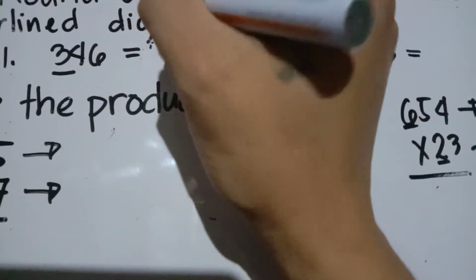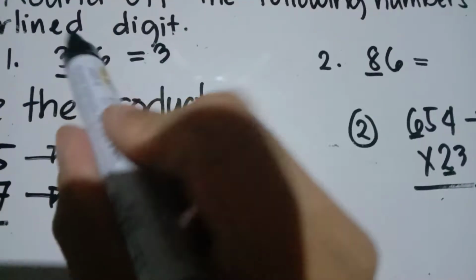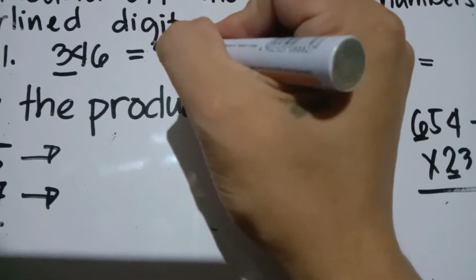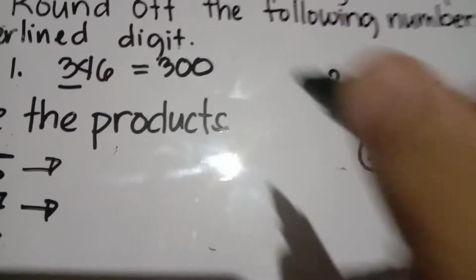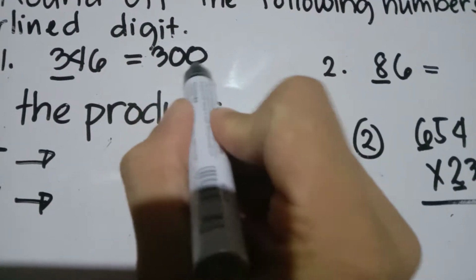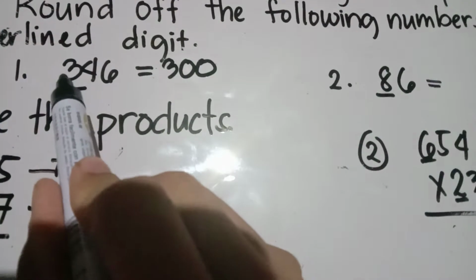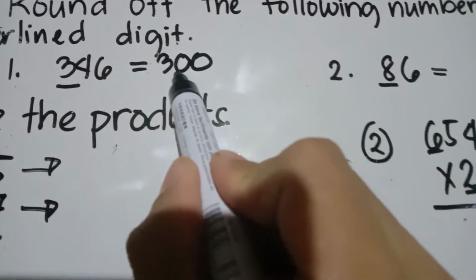As is lang po si digit 3, kokopyahin lang natin. Then 4 and 6 will become 0. So yun po, ito po yung sagot. Now this is the answer, 300. If we round 346 to the nearest hundreds, the answer is 300.